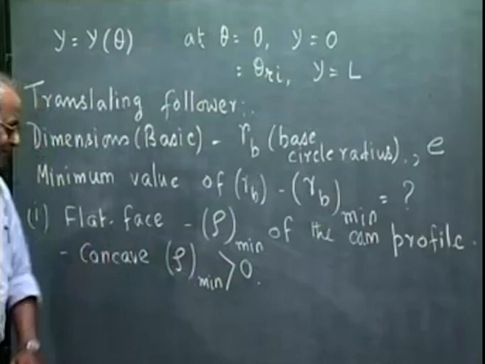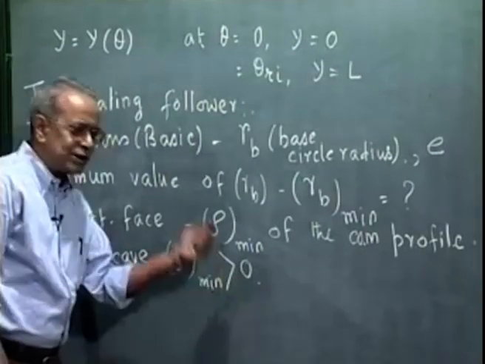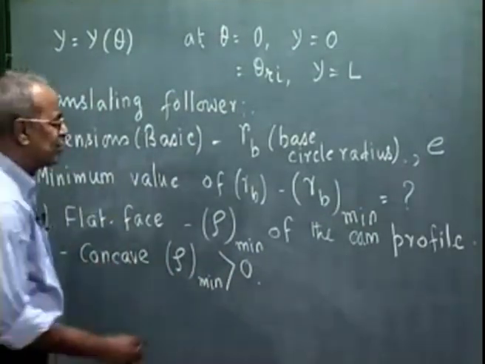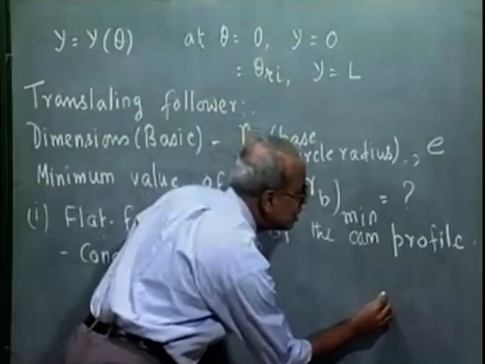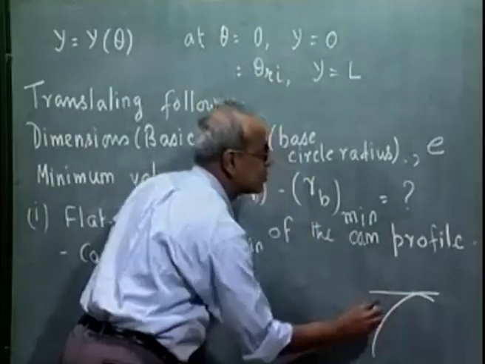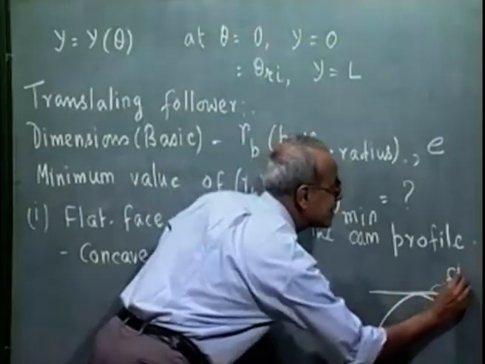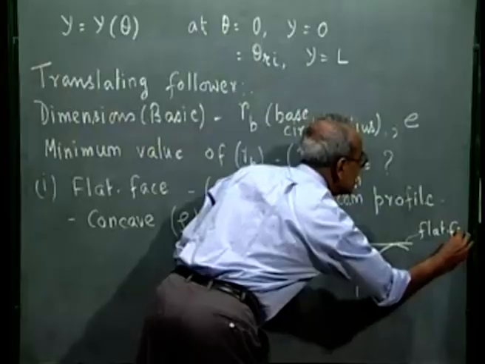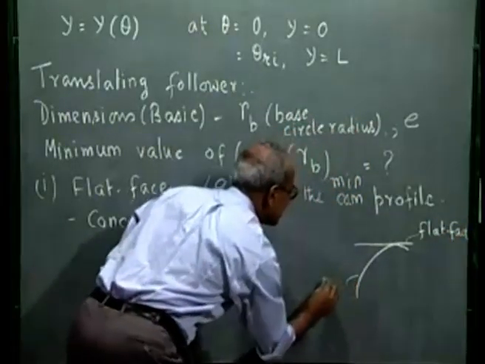That is not all. In fact, just 0 is not sufficient, because as we will see, when two surfaces are in contact, suppose this is the flat face and this is the cam surface.